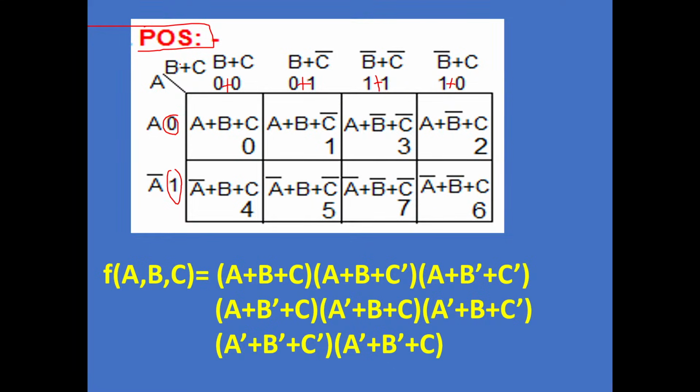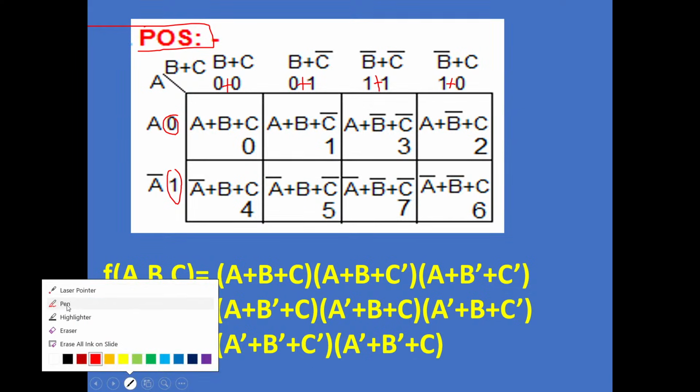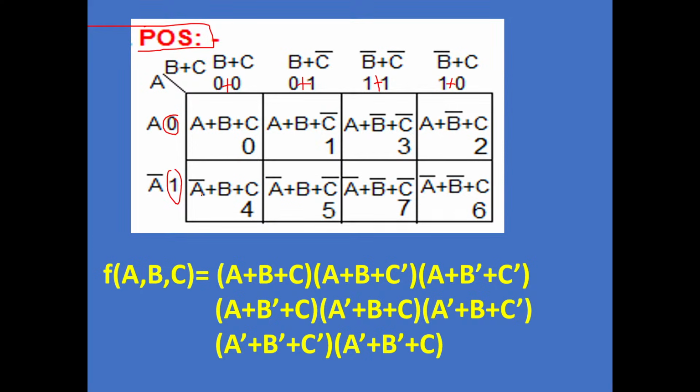Okay, for product of the sum, 0 terms will not have complements. 1 terms will have complements. So now go to the first box, first square. Numbering is similar to your previous case. See, where is my cursor?